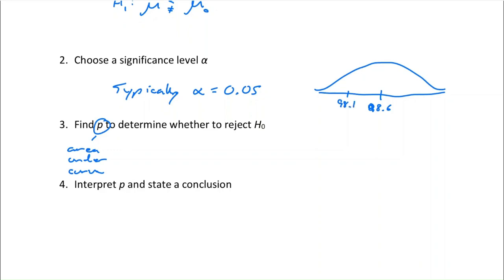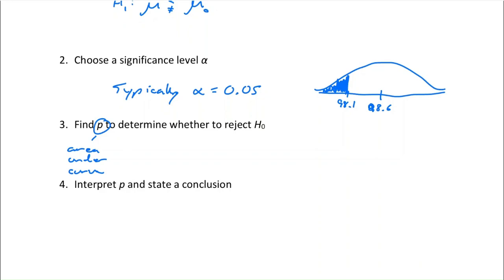The question is, was that a fluke sample? Did it just happen by chance that they were half a degree lower? Or is there something to this? Is there actually evidence to suggest that the body temperature is lower than 98.6 degrees? Well, the way that we figure that out is we just find the area, in this case below, because we're looking for less than.